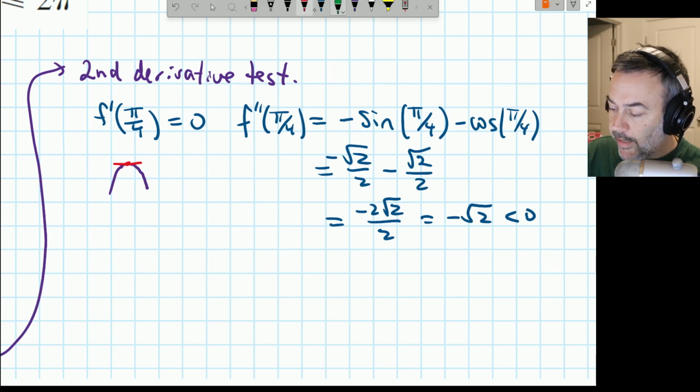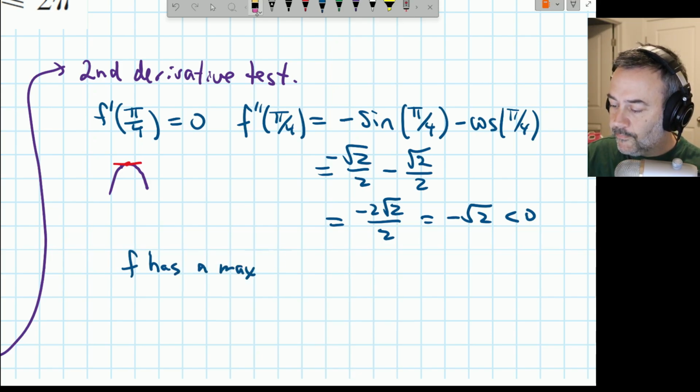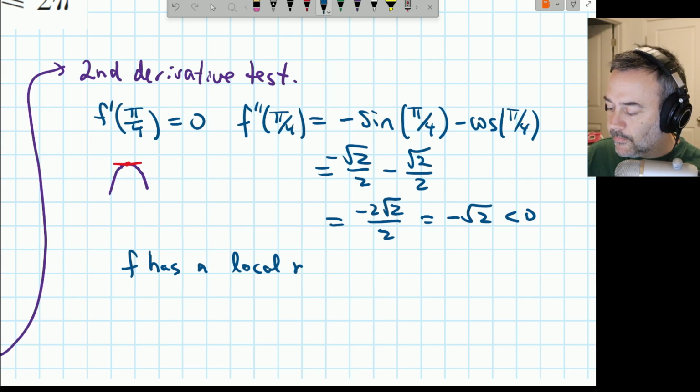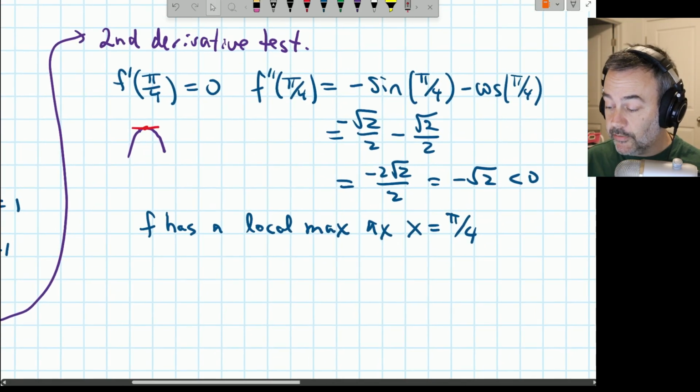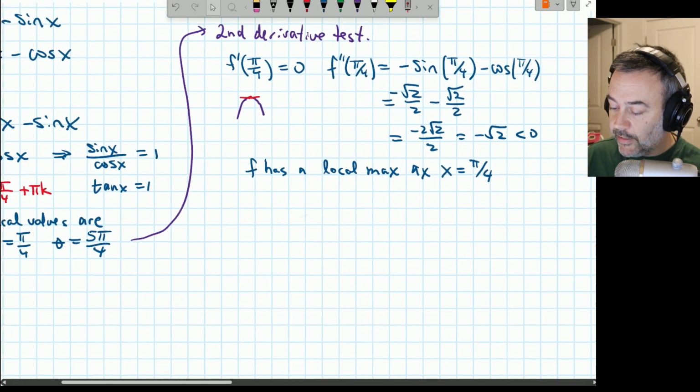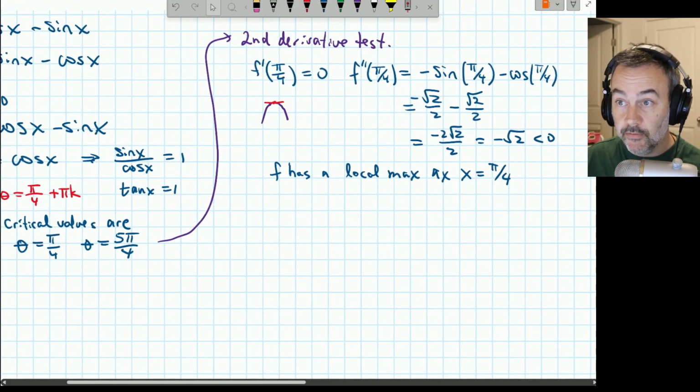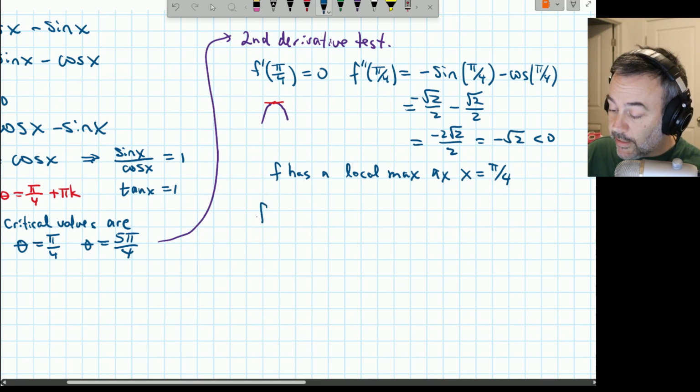Therefore, f has a, I should say, relative or local max at x equals pi over 4. Okay, so that's the second derivative test. No sign analysis required. Let's do the second derivative test on the other critical value. The other critical value was 5 pi over 4. So what is f prime of 5 pi over 4?